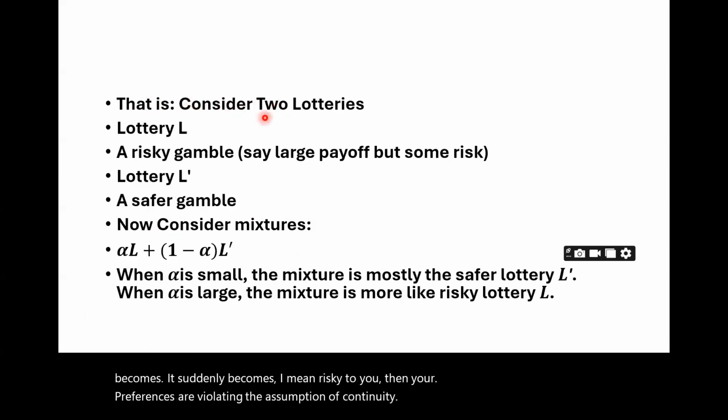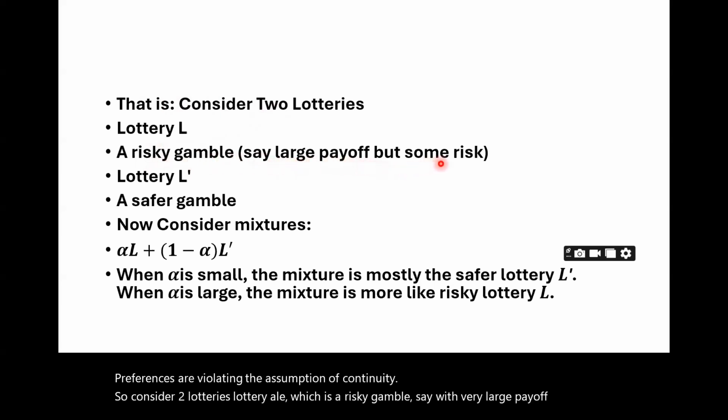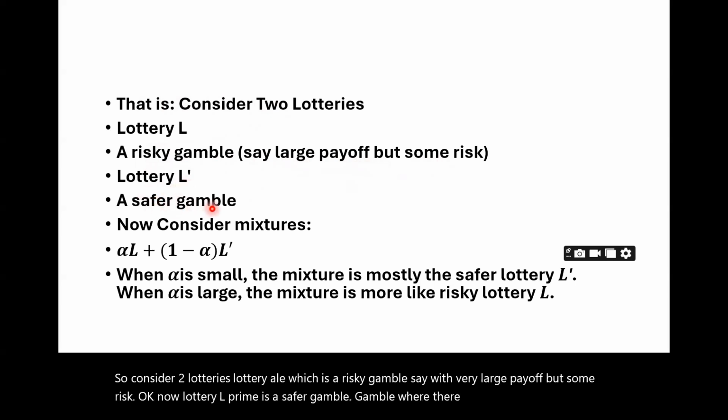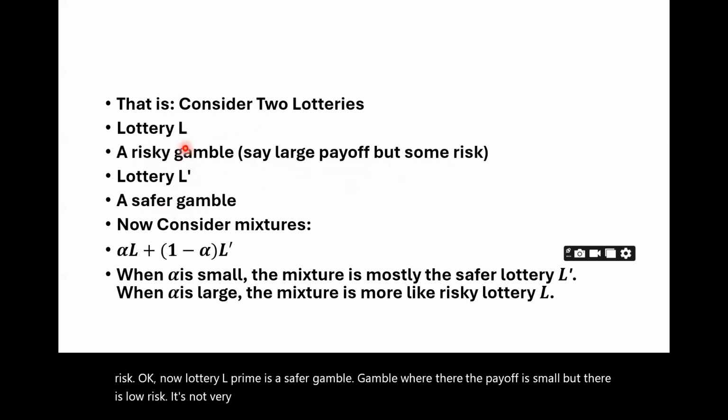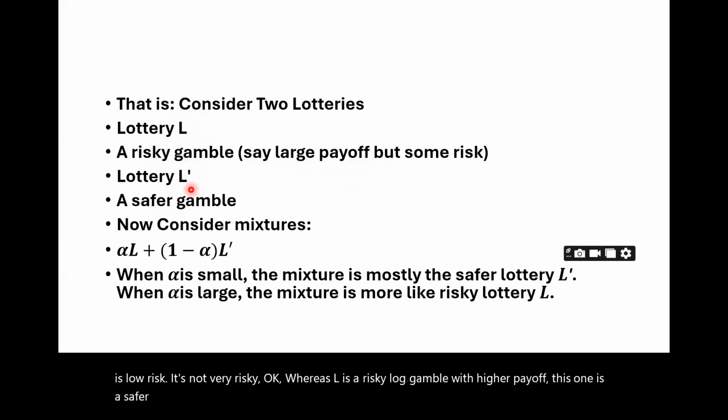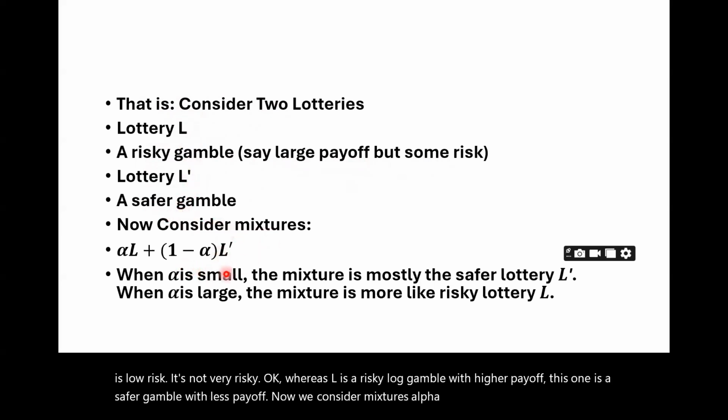Consider two lotteries. Lottery L is a risky gamble, with a very large payoff but some risk. Lottery L prime is a safer gamble where the payoff is small, but there is low risk. Now we consider mixtures alpha L plus 1 minus alpha L prime.